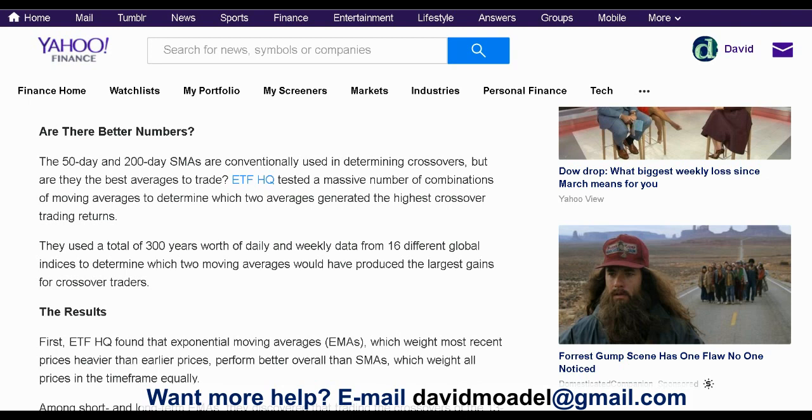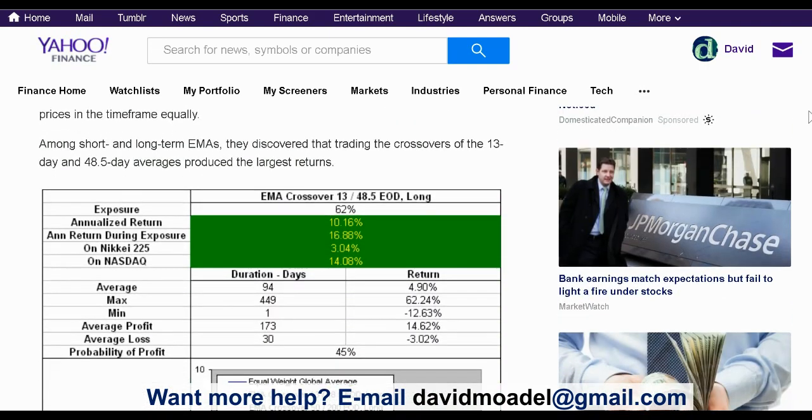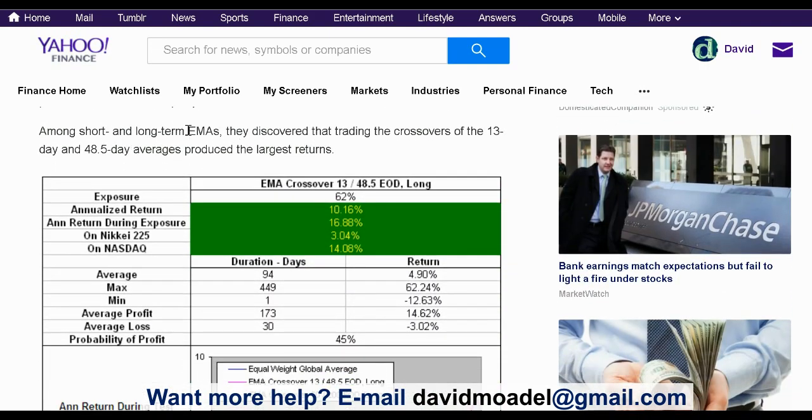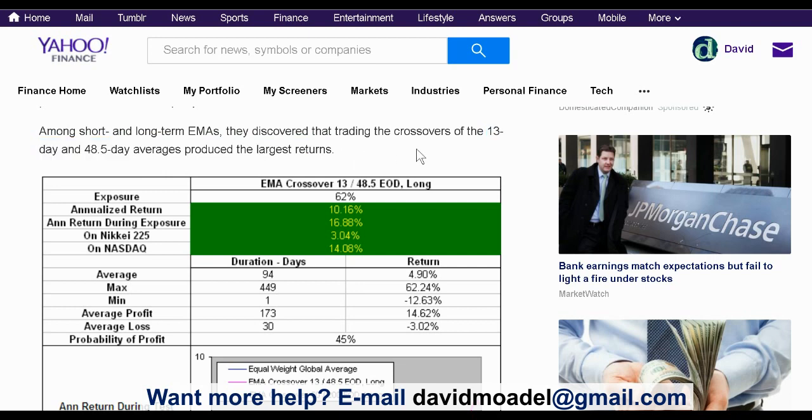So which two EMAs did they choose as the best ones? Here it is. Among short and long-term EMAs, they discovered that trading the crossovers of the 13-day and the 48.5-day averages produced the largest returns.